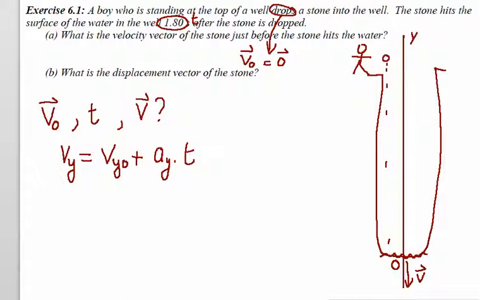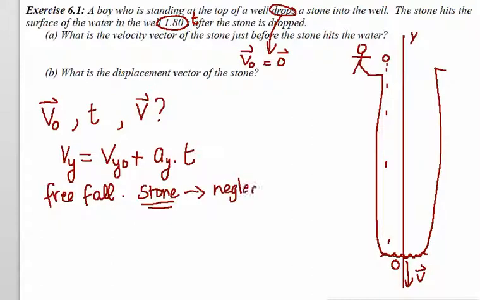This is a case of free fall. How do I know? That's because it's a stone. And usually when you throw a stone, you can more or less neglect air drag. If you neglect air drag and you drop an object, then the only force is Fg.